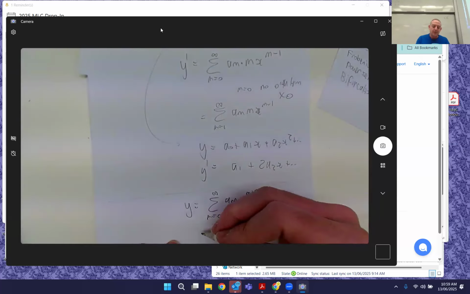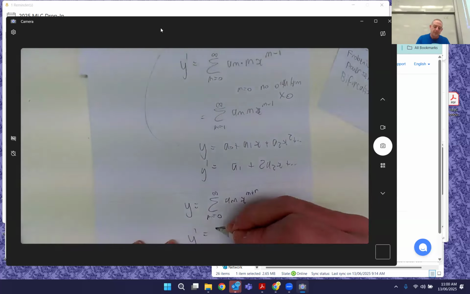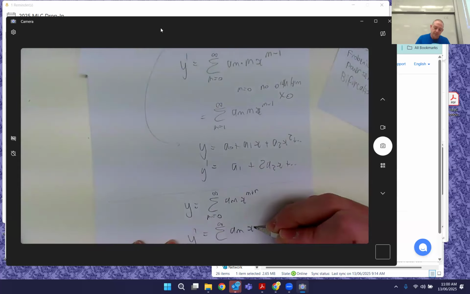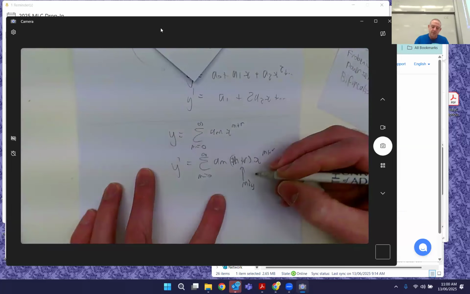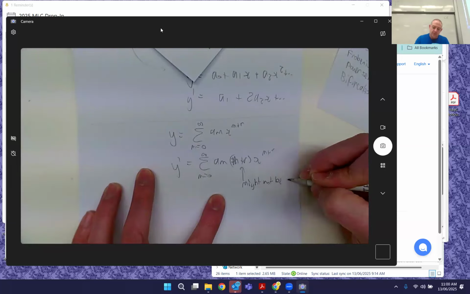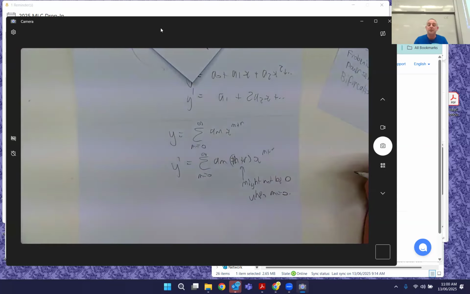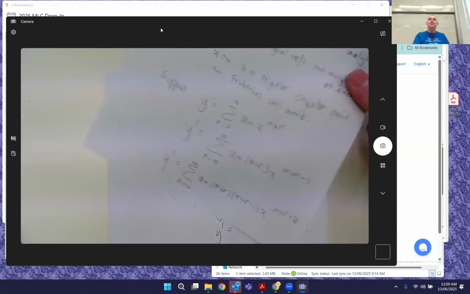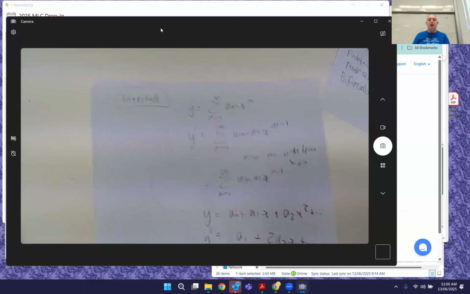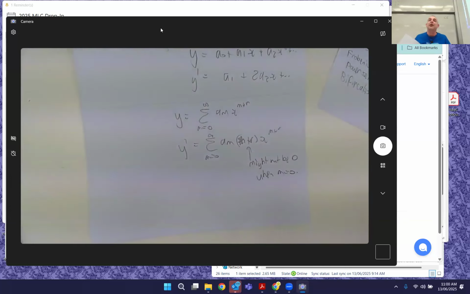So it might not be 0 when m is 0. So we have to leave it in. Okay, good. In general, we are assuming r is not 0, though r is 0 sometimes comes out to be one of the solutions anyway.